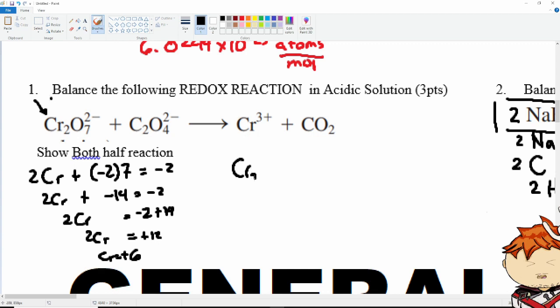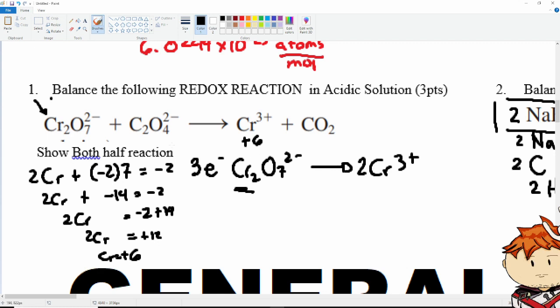So our chromium reaction is going to Cr3 plus. If this is positive 6 and this is positive 3, it probably gained 3 electron. That's per chromium. So there's 2 chromium here, so we're gonna make this 2.